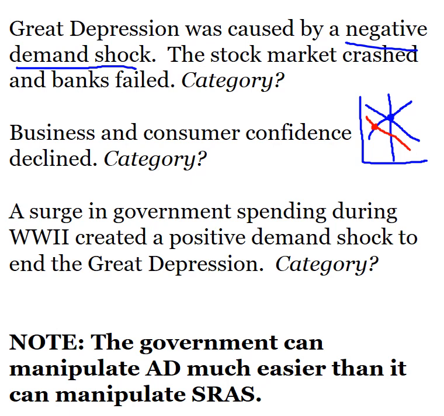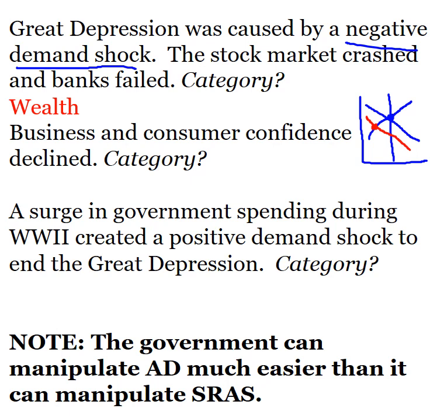This was caused by the stock market crashing and bank failure. So what category would those things be a part of? That's about wealth and income, because your assets in the stock market, as well as any savings accounts or assets that you have in the bank, now have deeply declined in value.